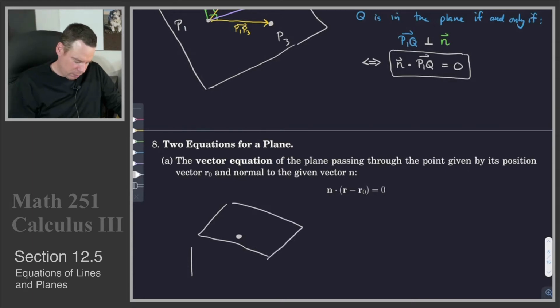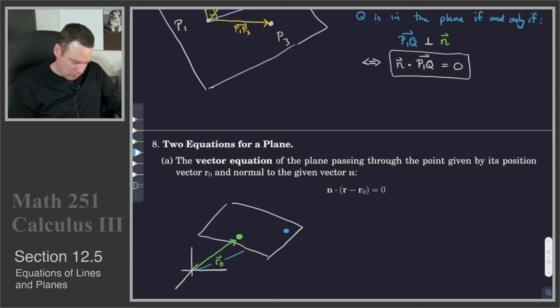So there's our plane. We've got some coordinate system, some frame of reference here. And we've got our point on the plane, which is given by position vector r0. Then we've got this other point. This is the arbitrary point in the plane. We're trying to come up with an equation that it must satisfy to live in the plane.